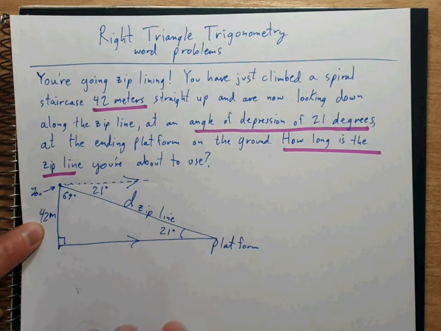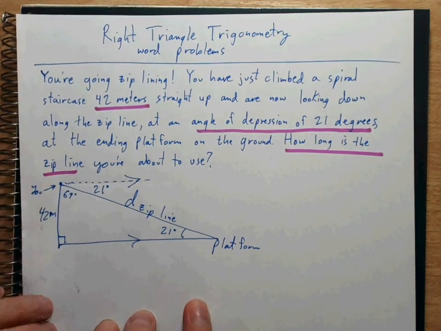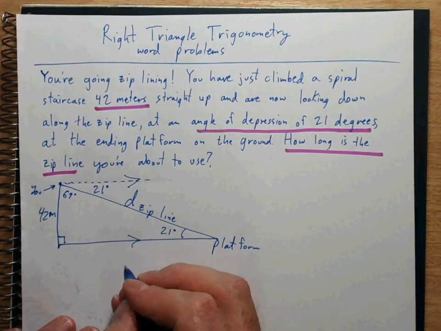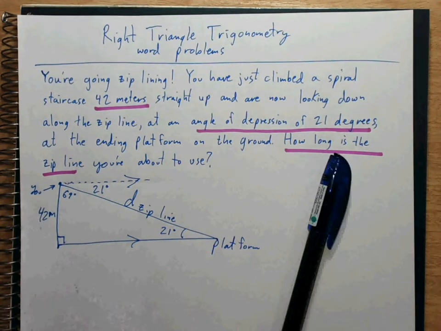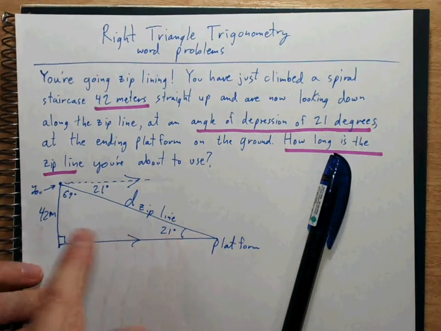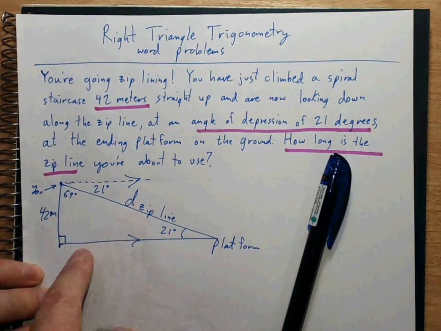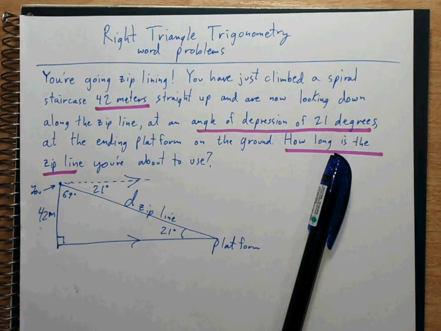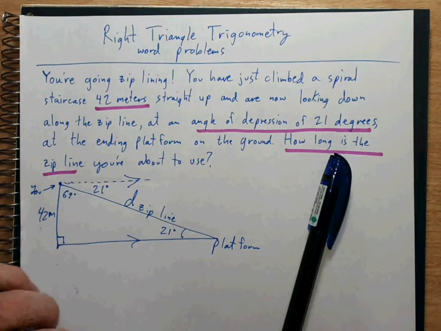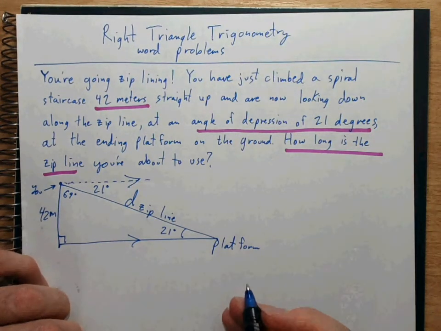Okay, so hopefully you've tried this problem. We're going to go ahead and set it up right now. So here's the idea. If you notice that we have this side and we want this side, we don't care about this side. Are we going to use sine, cosine, or tangent? What do you think? Sine, cosine, or tangent?